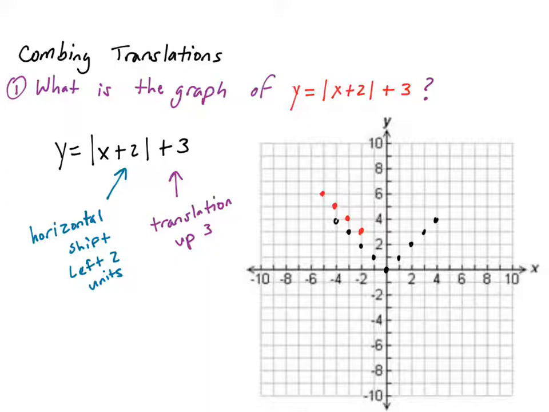Left 2, up 3. Left 2, up 3. Then I can go on this side, left 2, up 3. And so this is what my graph of y equals the absolute value of x plus 2, plus 3 looks like.